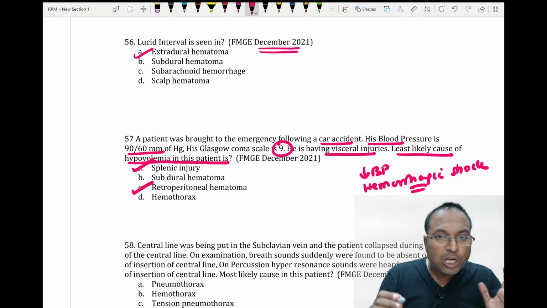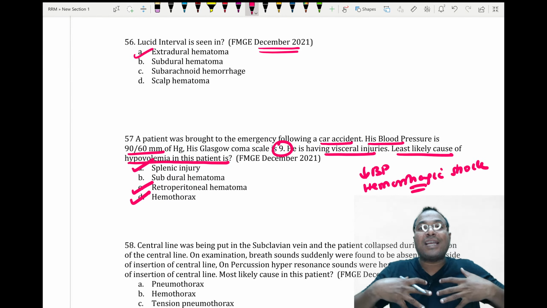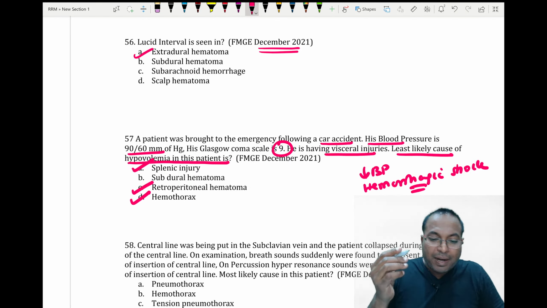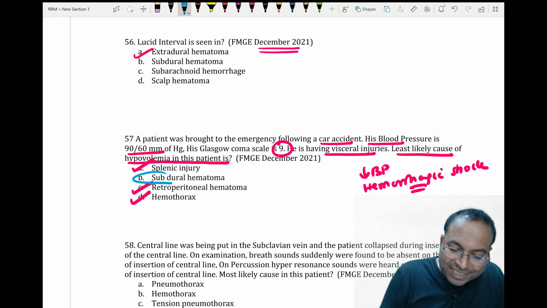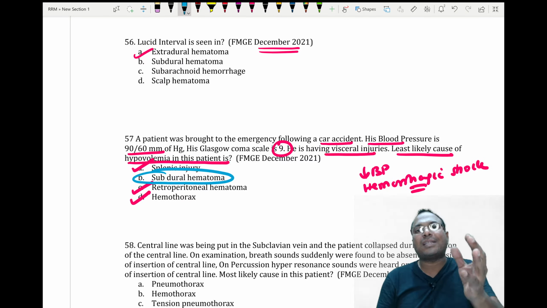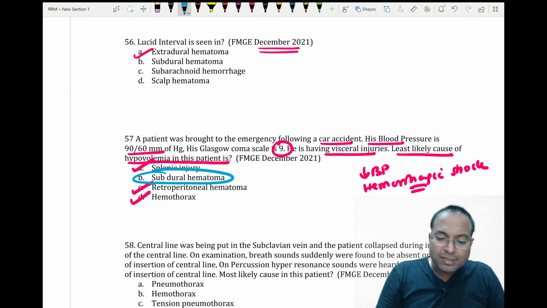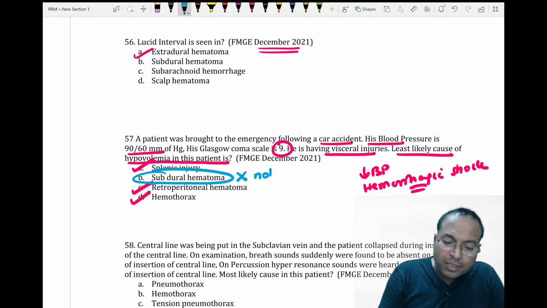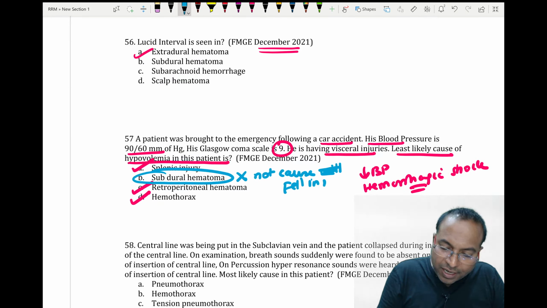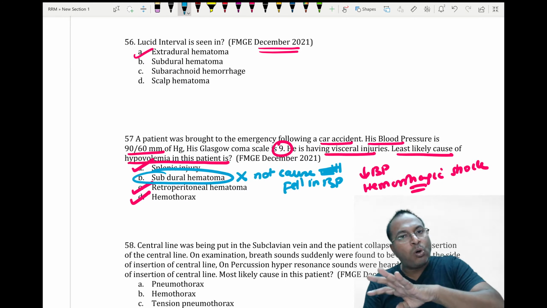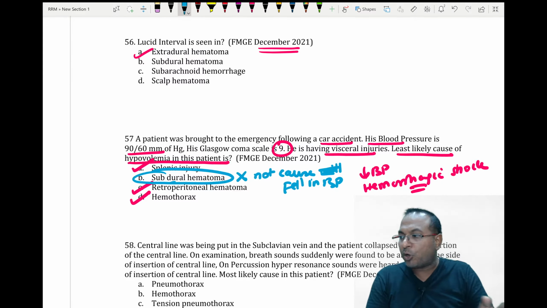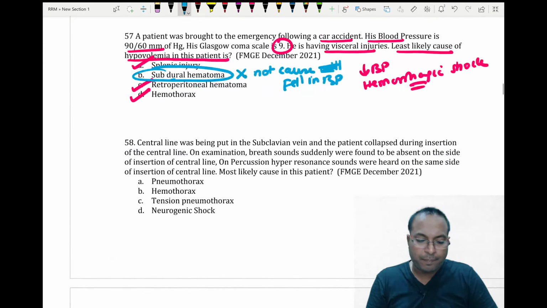He would have lost in retroperitoneal hematoma. He would have lost in lungs, in the chest. But in subdural hematoma, maximum blood loss will be only 200 ml. That's all the space. We cannot lose 1 liter of blood in the skull. So therefore, subdural hematoma will not cause fall in BP. That is the question. They are asking which among the 4 will have no fall in BP. So subdural hematoma will not cause fall in BP.